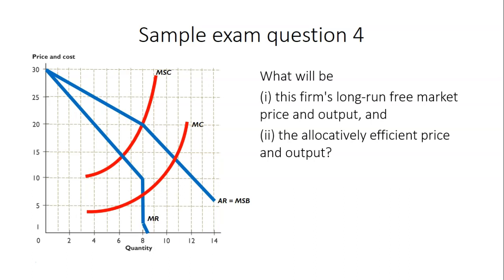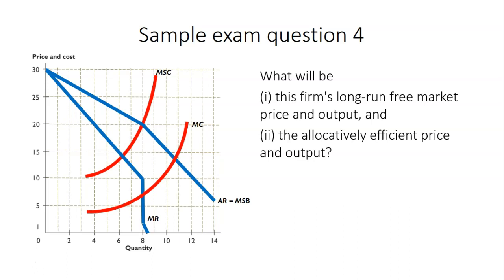Now, when we look at this graph, we can immediately see it's got funny shapes, especially the demand curve, or the average revenue curve, which doubles as the marginal social benefit curve, and the marginal revenue curve. This is a kinked demand curve, indicating we're dealing with an oligopoly environment.